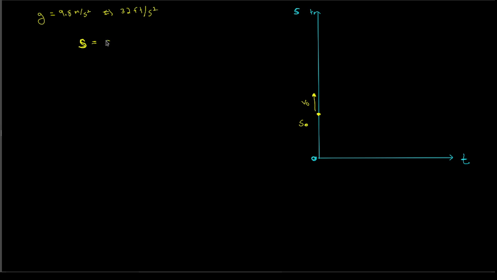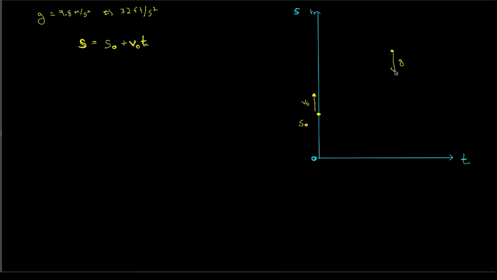Its position will be whatever its starting position is, plus whatever velocity we launch it with, times time, plus, or not plus, if that's g, then in our system g picks up a negative sign because it's pointing downwards.